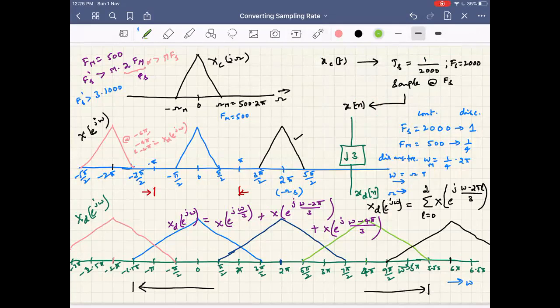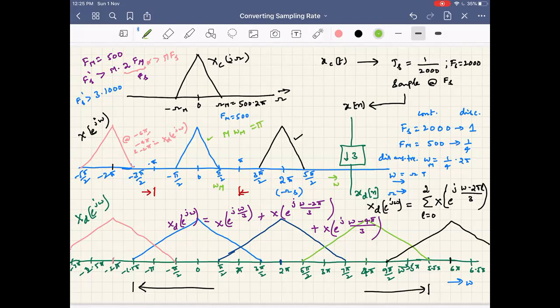The base spectrum, after stretching by M times, with ω_m in the discrete frequency domain, then ω_m times M, because I will be downsampling by 3 times, has to be equal to pi.